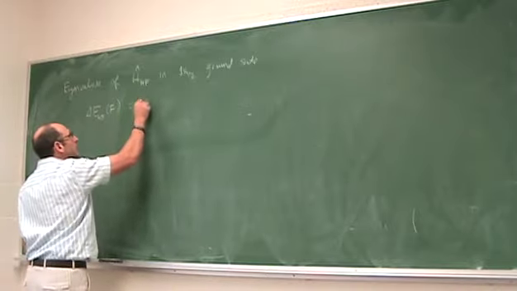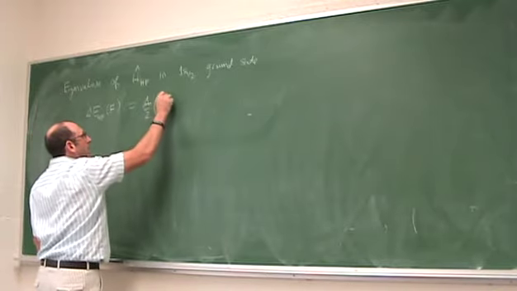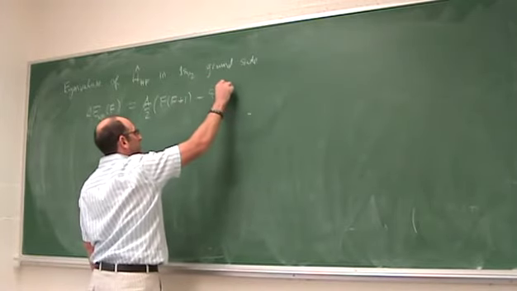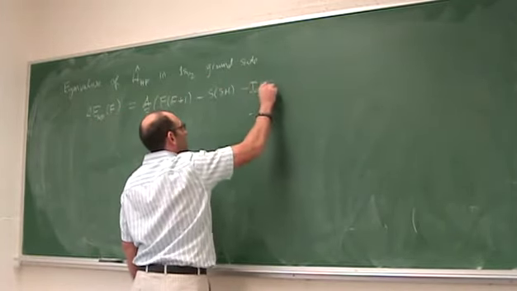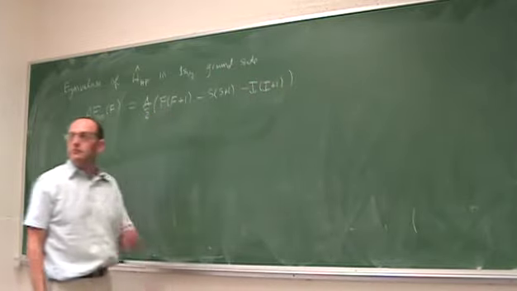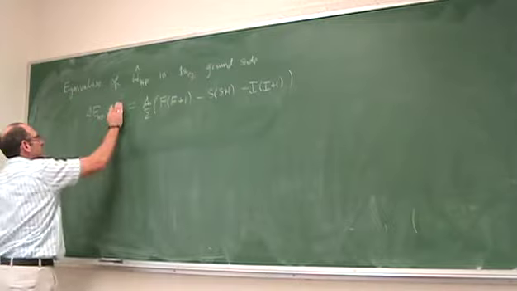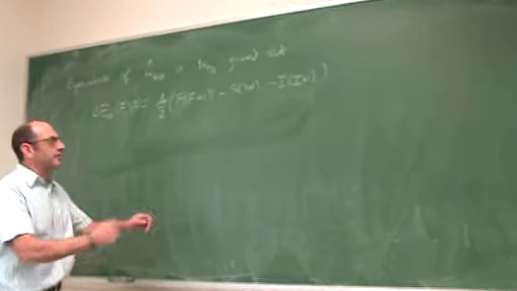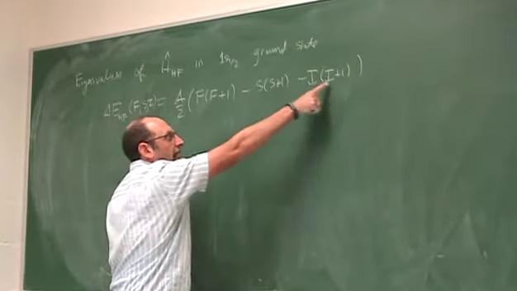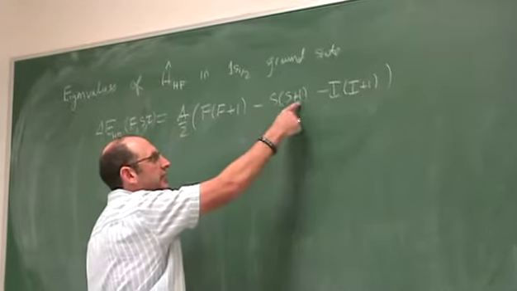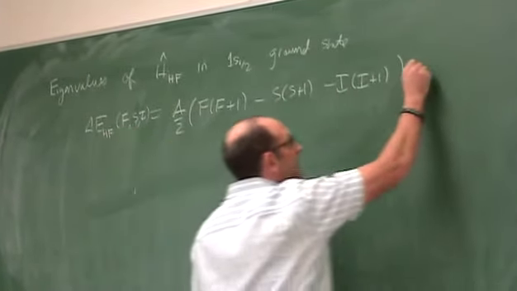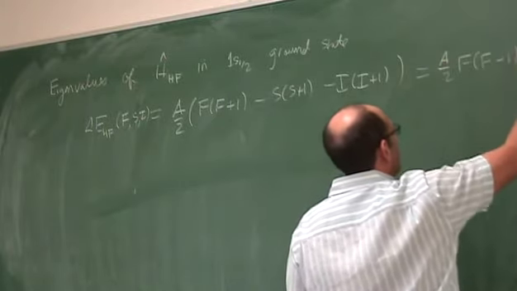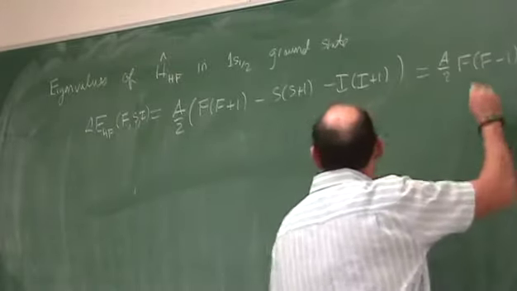And it's equal to A over 2 times F(F plus 1) minus S(S plus 1) minus I(I plus 1). Let me write this more generally like that. In the context of hydrogen, S is a half and I is a half, in which case each of these is 3/4. So this then is equal to A over 2 times F(F plus 1) minus 3/4 minus 3/4.